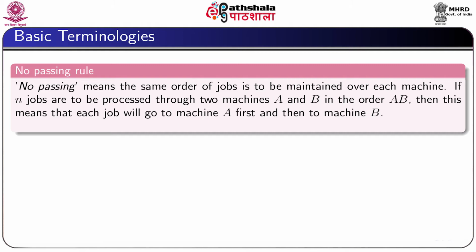This means that passing is not allowed, that is, the same order of jobs is maintained over each machine. If n jobs are to be processed through two machines A and B in the order AB, then this means that each job will go to machine A first and then to machine B.